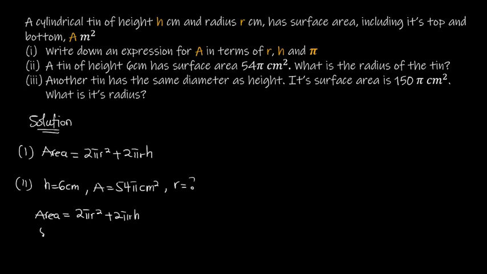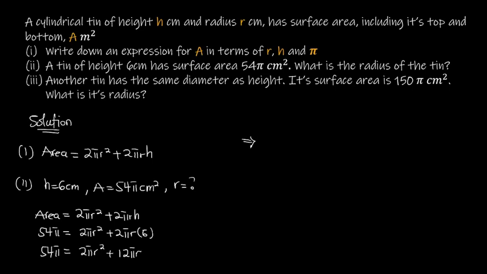Okay, so we're given the area to be 54 pi is equal to 2 pi r squared plus 2 pi r times h. The h is 6, so we can do that substitution. So we have 54 pi here is equal to 2 pi r squared plus 2 multiplied by 6 will give me 12 pi r.